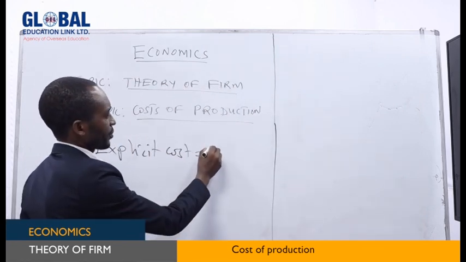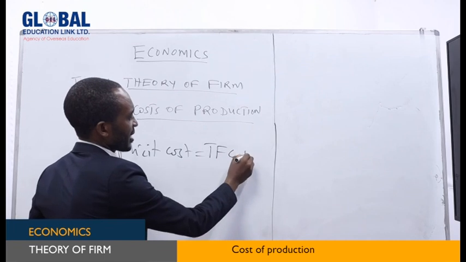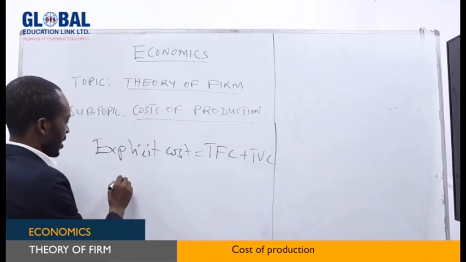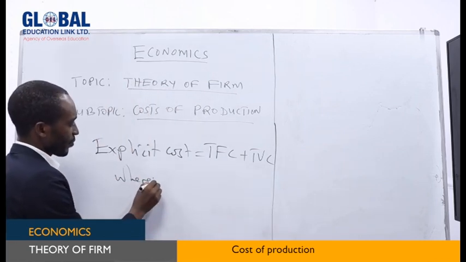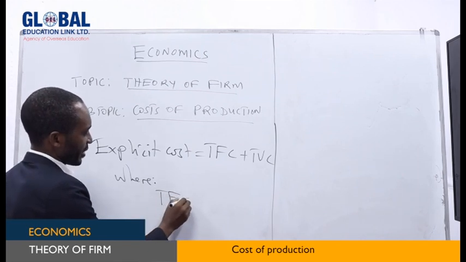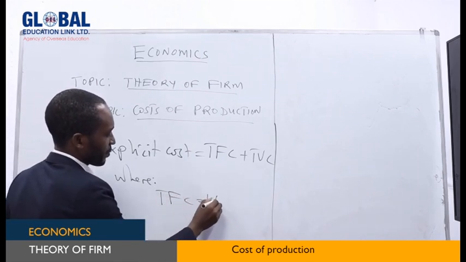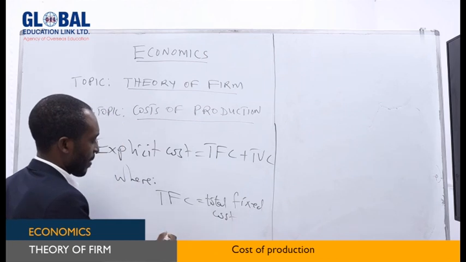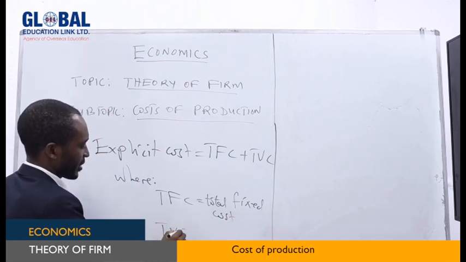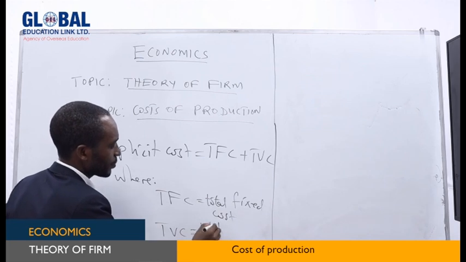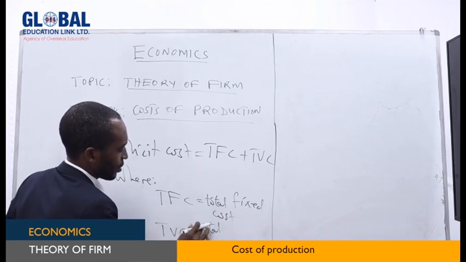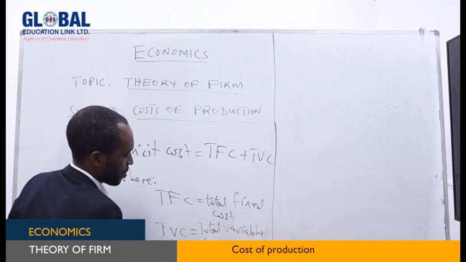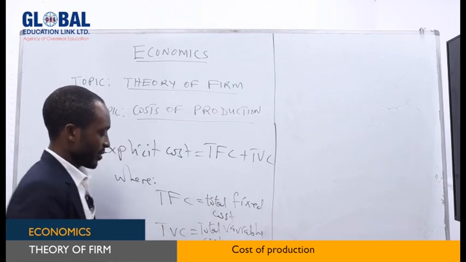So explicit cost is equal to total fixed cost plus total variable cost, where TFC equals total fixed cost and TVC the same as total variable cost.